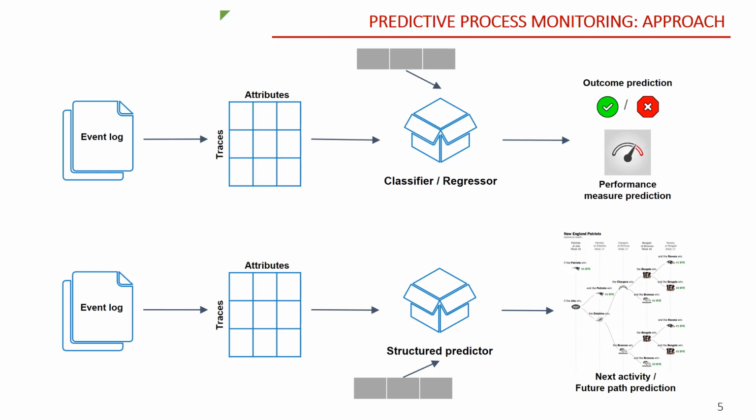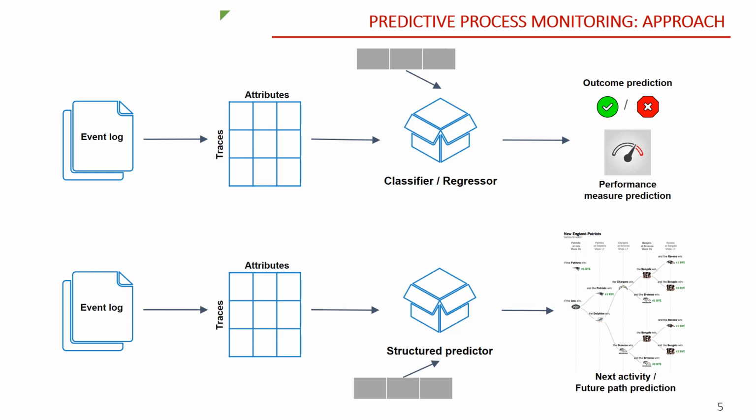They are even able to predict all the data attributes of the execution of this event. Of course, they are much more complex in structure, and they take more time to train, but they are able to predict the whole sequence of activities.